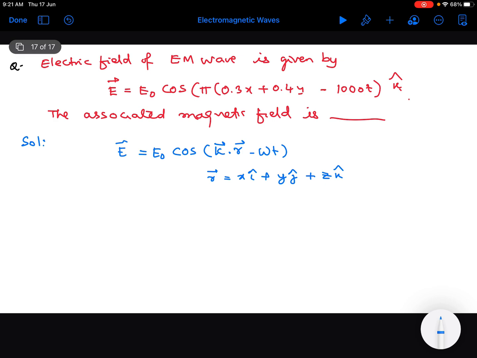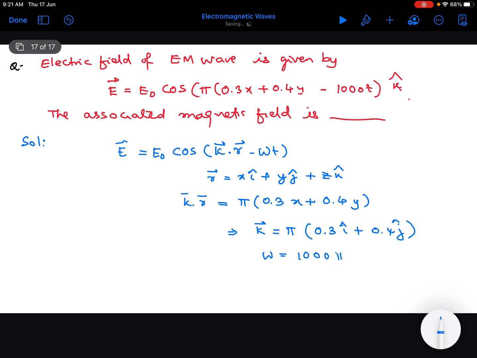So what should k be so that k dot r is pi times 0.3x plus 0.4y? This implies k bar is equal to pi times (0.3 i cap plus 0.4 j cap). Now what is omega? Omega is 1000 pi.